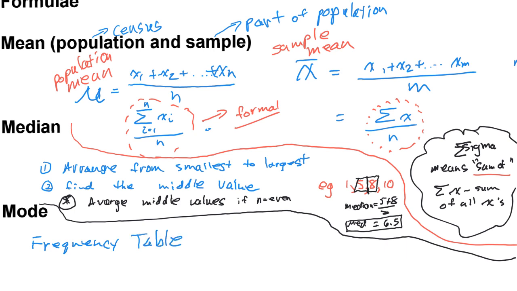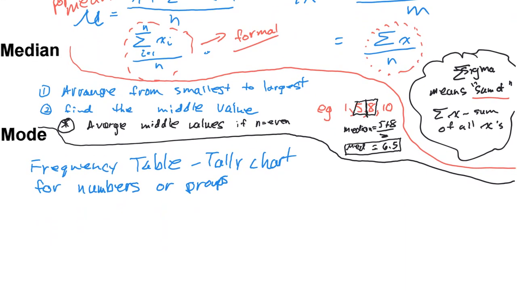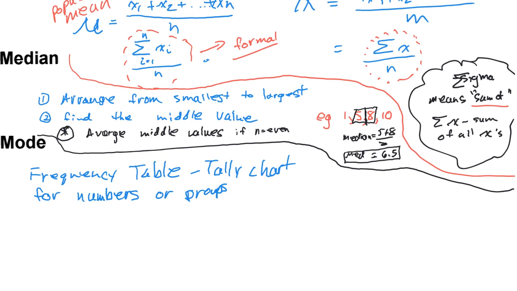Think of it as like a tally chart for numbers or groups. And what this allows us to do is pick the most frequent group.